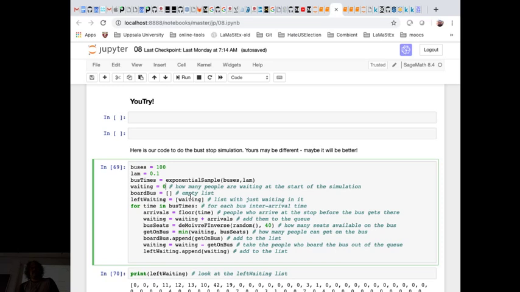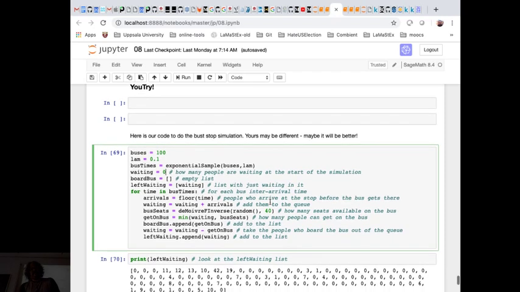Yeah, so this one's quite complicated. And then how many people are left waiting is the list with just those who are waiting in it, right? And then for each time in bus times, so for each bus inter-arrival time, we have this loop, right? People who arrive at the stop before the bus gets there, you add them, and then you choose one of the people at random to leave, and so it's a little more complicated than just waiting times, right?